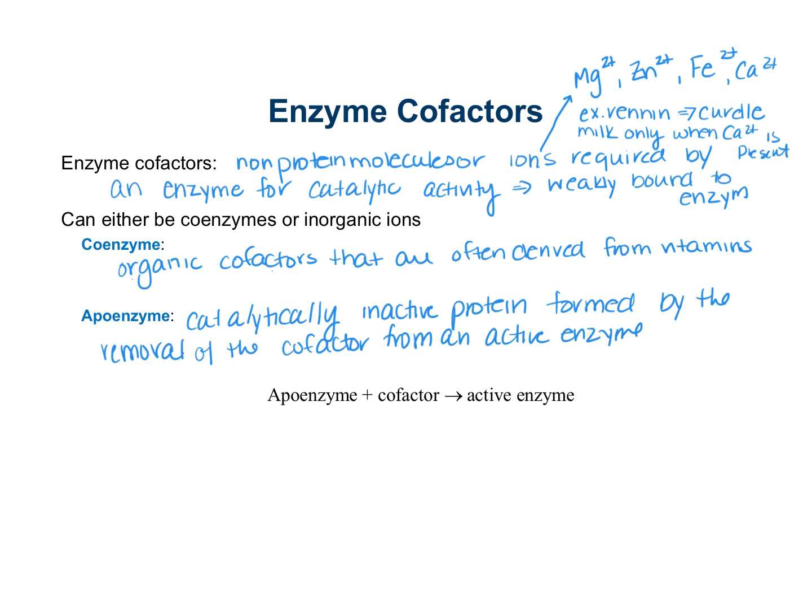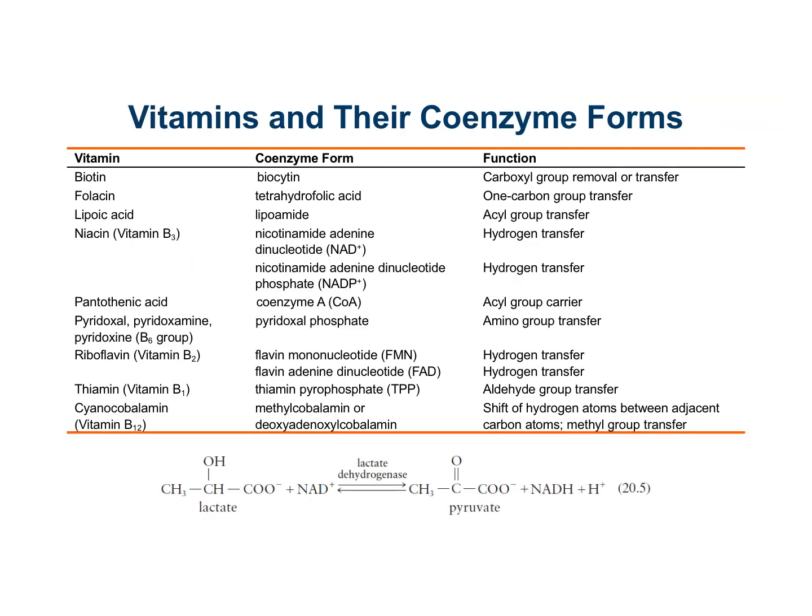Now, coenzymes, like I mentioned, come from many vitamins. When we look at this, here is a list of vitamins, and then here are the coenzymes that they will go and form. These coenzymes bind reversibly to an enzyme and are really essential for its activity. So these bind reversibly, right?